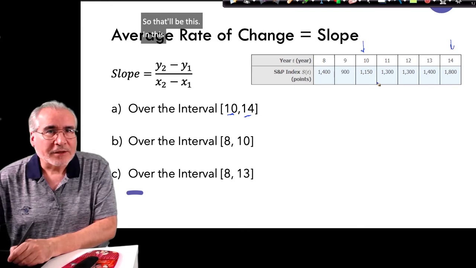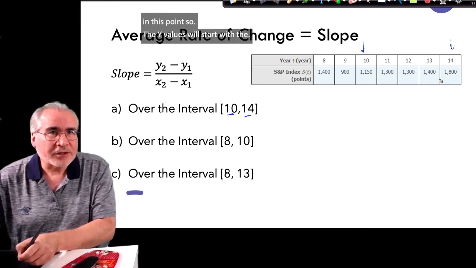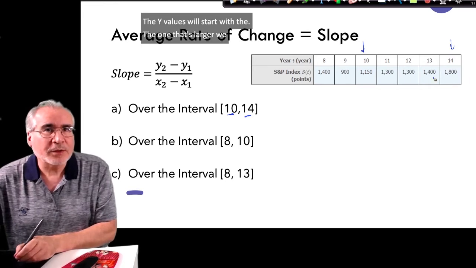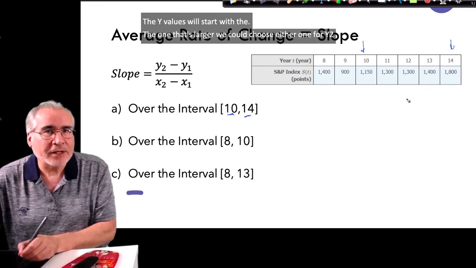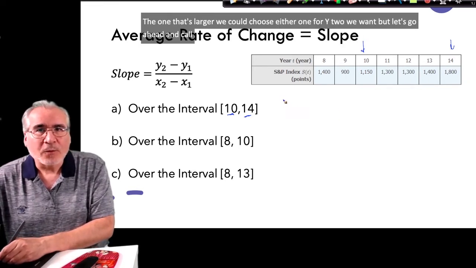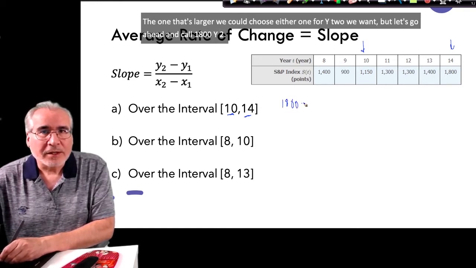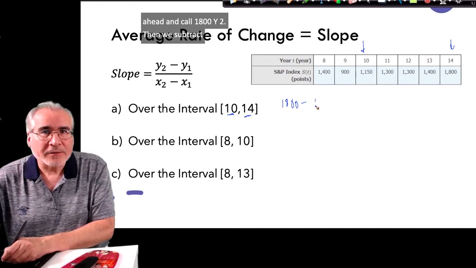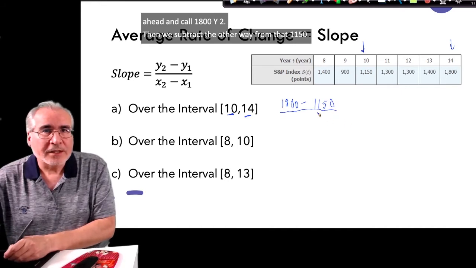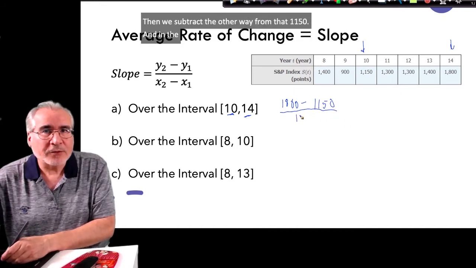So the y values, we'll start with the one that's larger. We could choose either one for y2 we want, but let's go ahead and call 1800 y2. Then we subtract the other y from that, 1150. And in the denominator, we're going to have 14 minus 10.